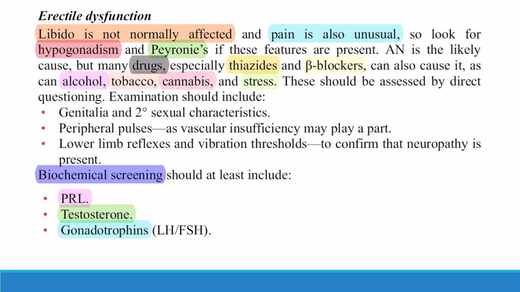We have a lot of drugs that exacerbate erectile dysfunction, like thiazides, beta blockers, alcohol, tobacco, cannabis, and stress. We should search for an underlying disorder by checking prolactin, testosterone, and gonadotrophin, because if there is an underlying disorder, hypogonadotrophic hypogonadism, we should treat it initially.